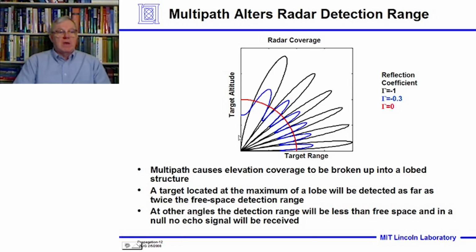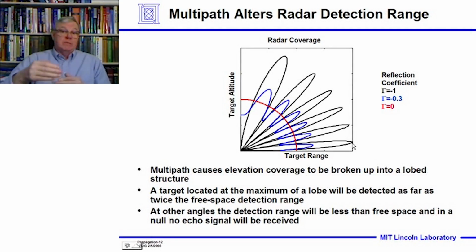And so this multipath effect, the addition of the direct path and the multipath, causes the elevation coverage to break into what we call a lobed structure. There'll be elevation angles where we'll have greatly enhanced detection performance and reduced detection performance.